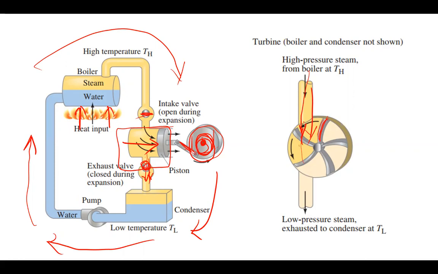As the blades are forced down due to the pressure, the shaft rotates this side, rotating the turbine connected to the same shaft. As the steam comes down here, it is released from this outlet. So that's the principle of operation for a steam engine.